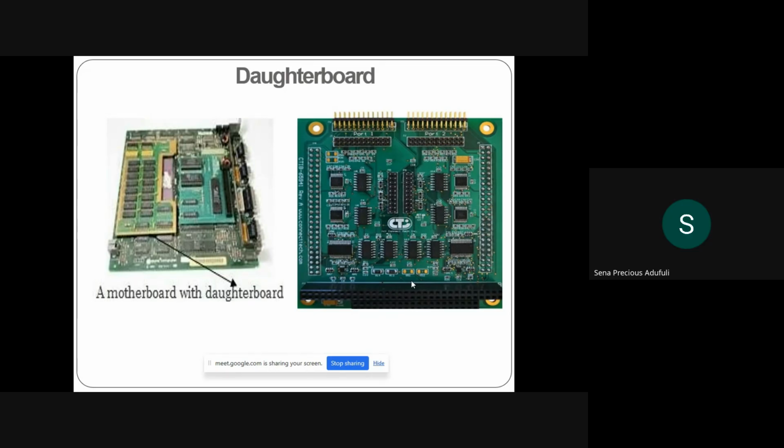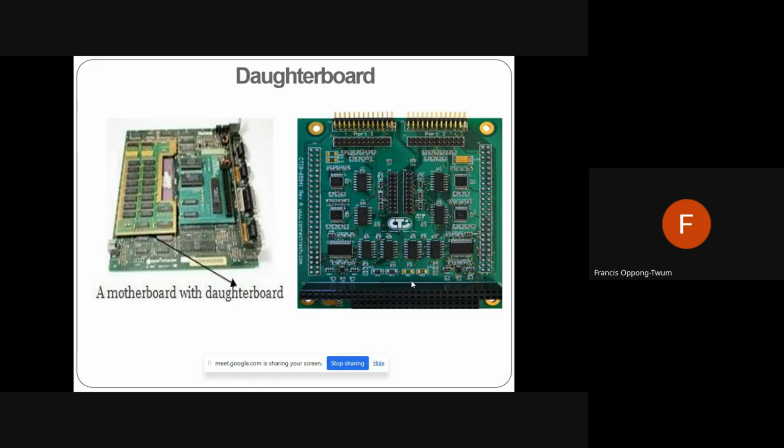So is it also in the system unit? No, the daughter board is not in the system unit. You see, I started by explaining the fact that sometimes you can use your computer to watch television. But the primary purpose of the computer is not to watch television. What you have to do is go and buy the TV tuner card.